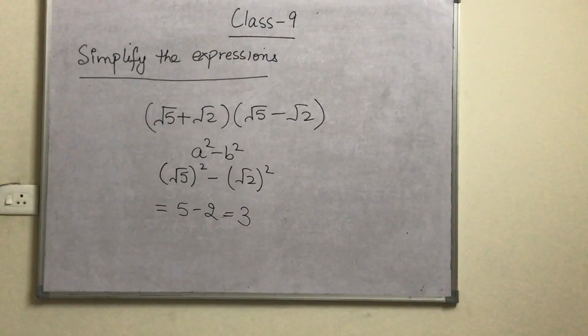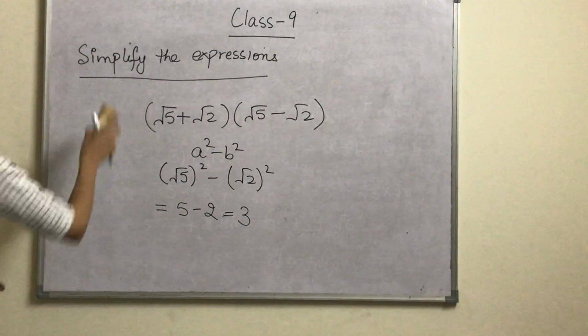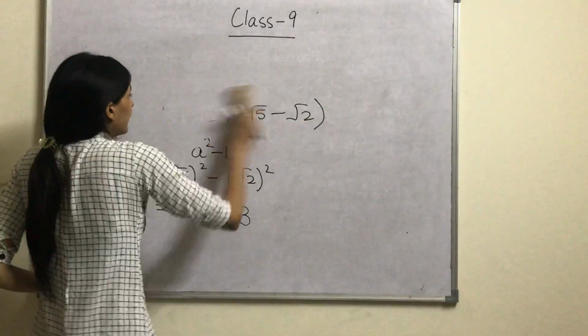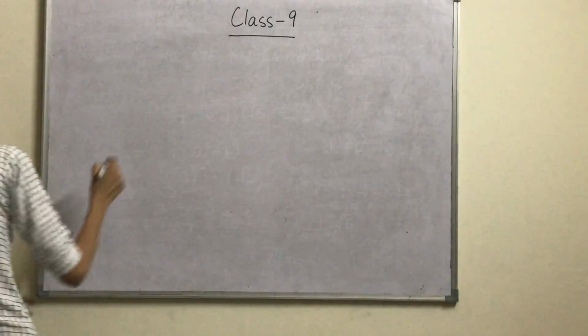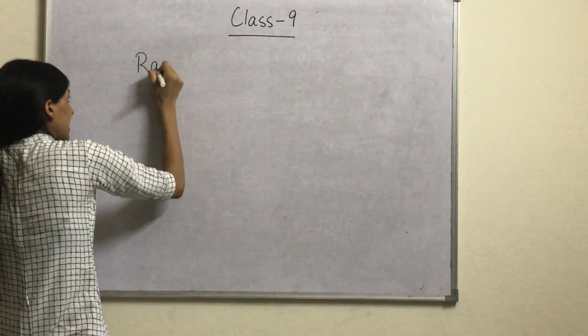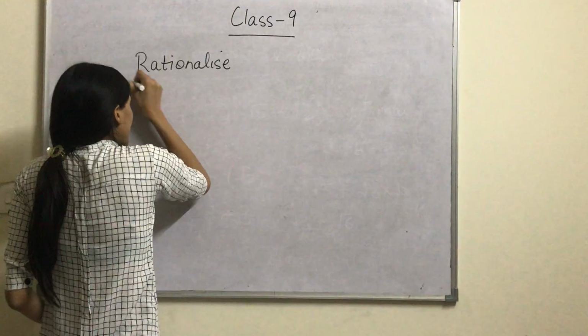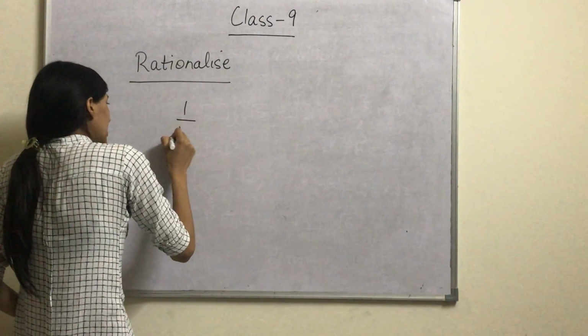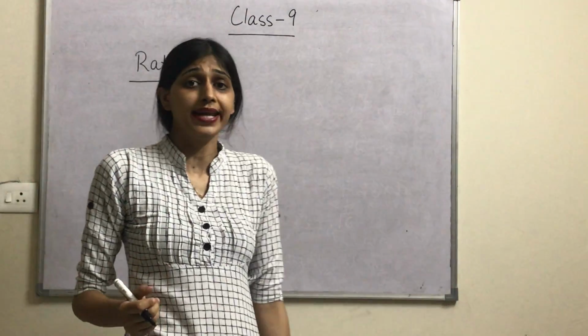Now the last part that we are going to do is rationalize the denominator. Suppose we have been given a denominator and we have to rationalize it. This value is given to you and you have to rationalize the denominator.